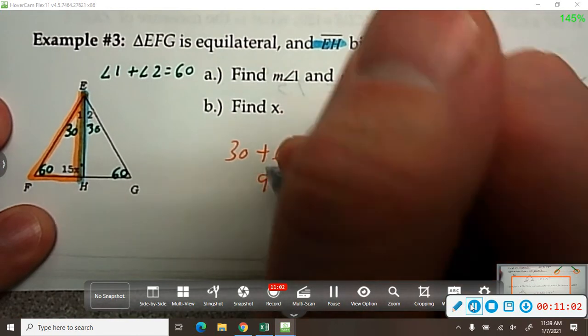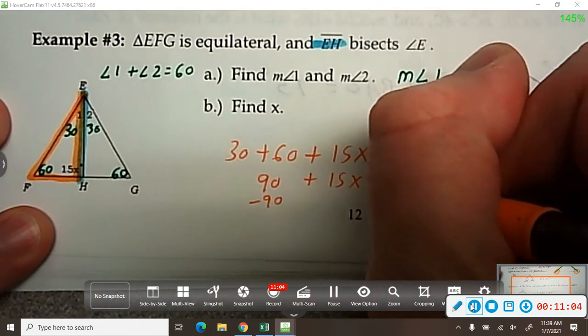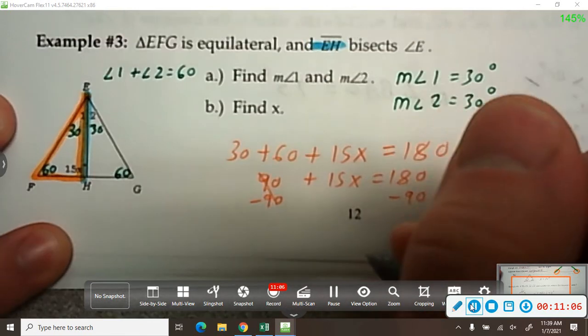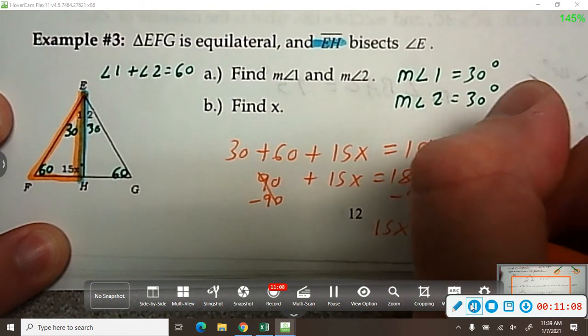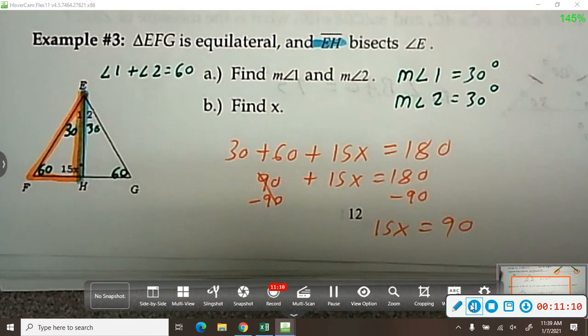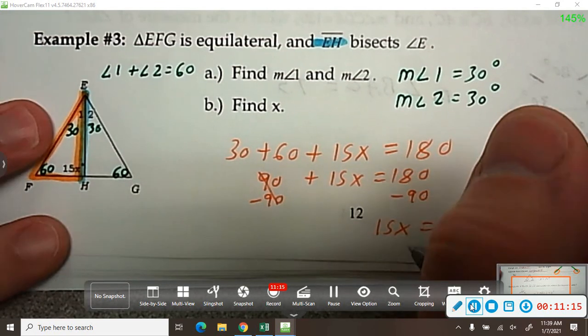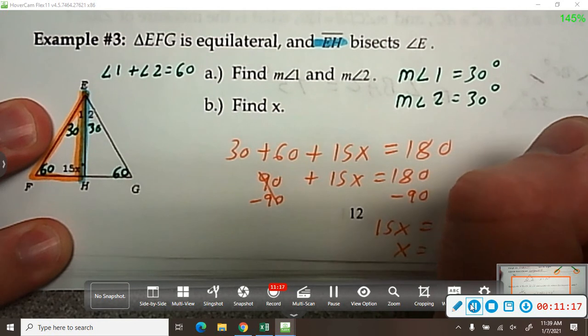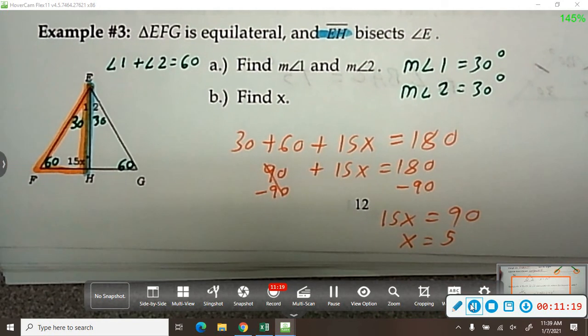Subtract 90 from both sides. And then 90 divided by 15 is 5. So what is x? X is 5.